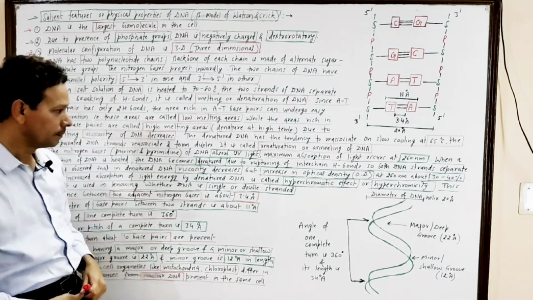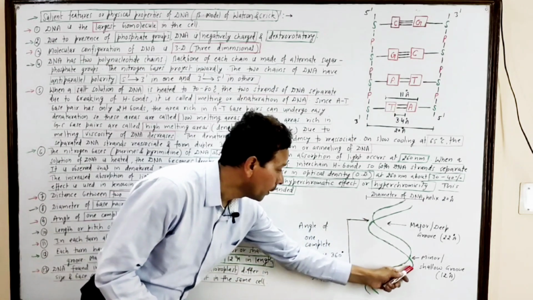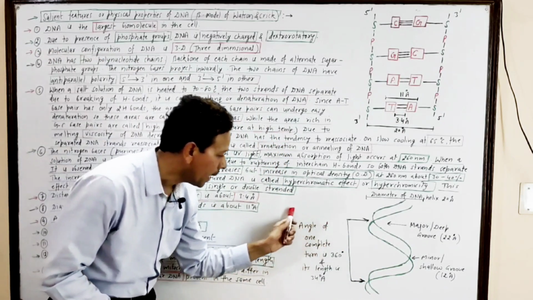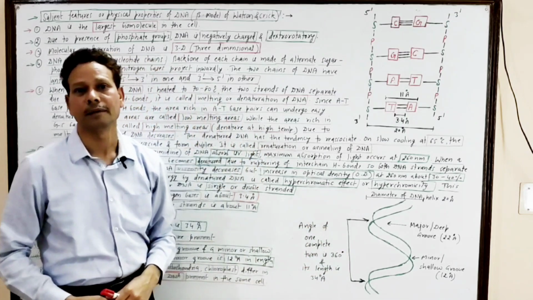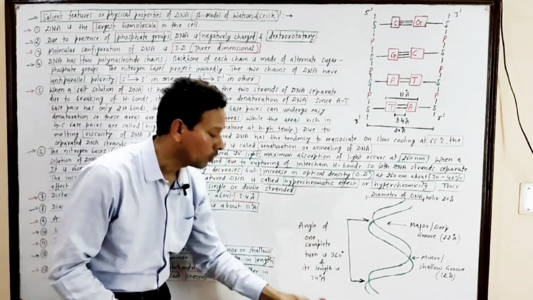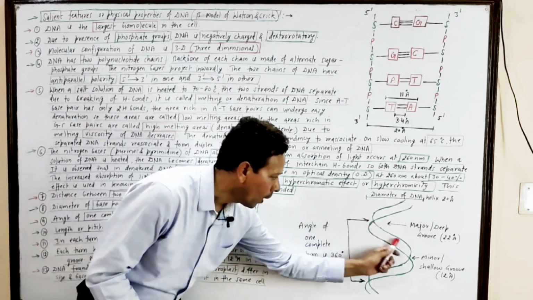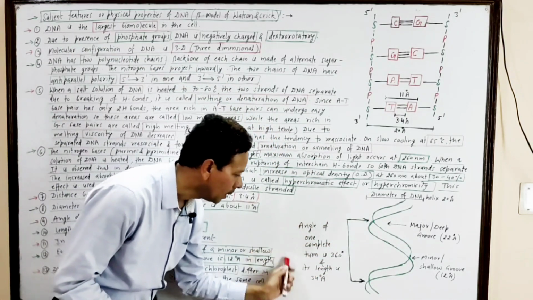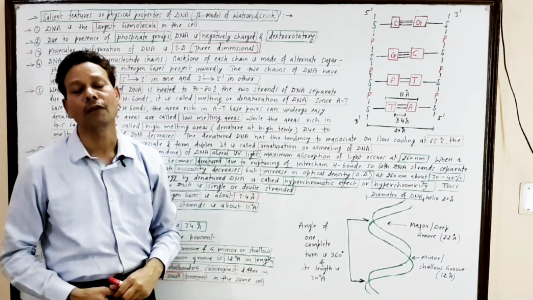Next property is the angle of a complete turn or a coil or a pitch. That angle is 360 degrees, and the length of one coil or one turn or one pitch is 34 angstrom.